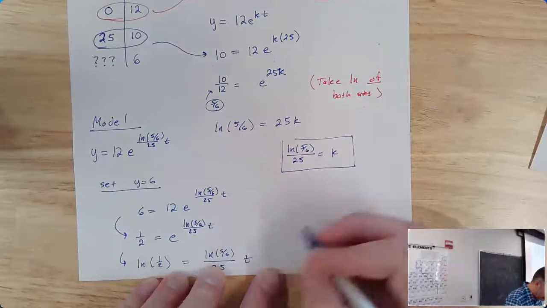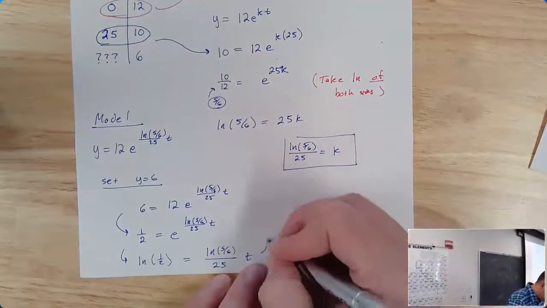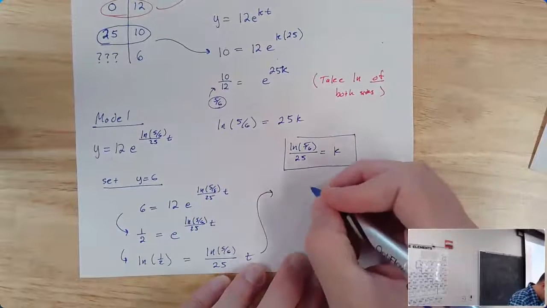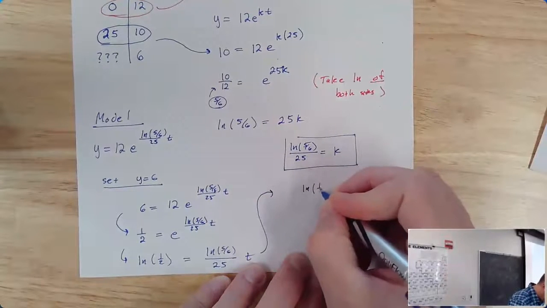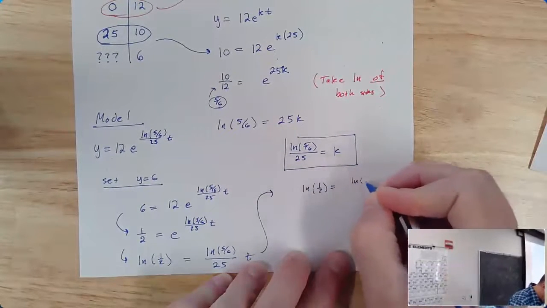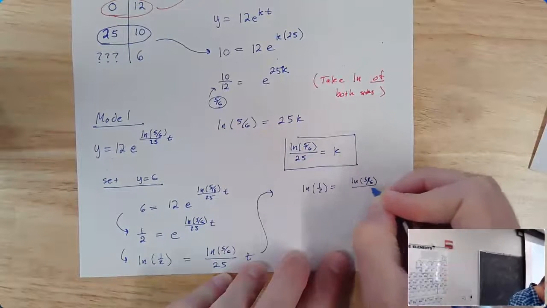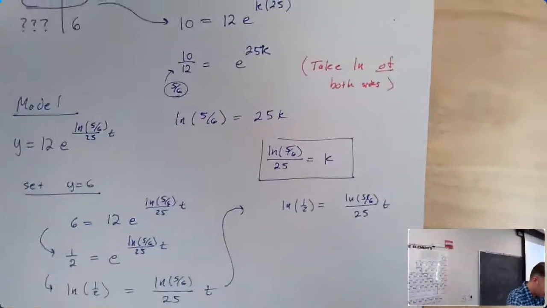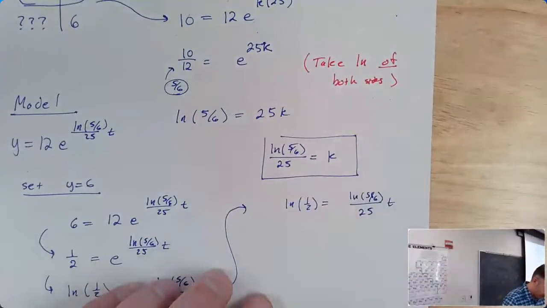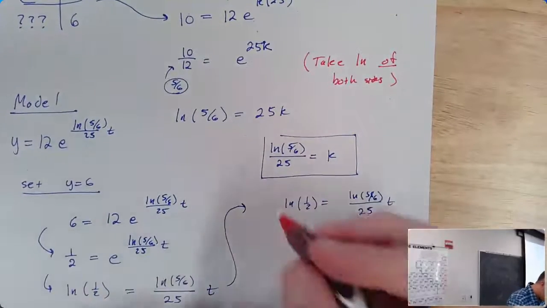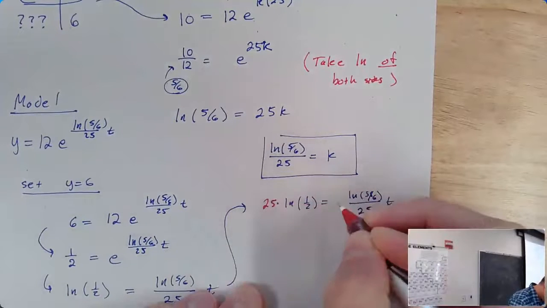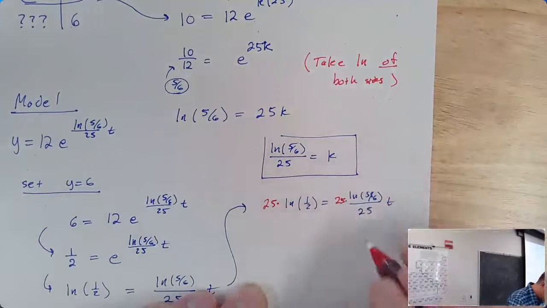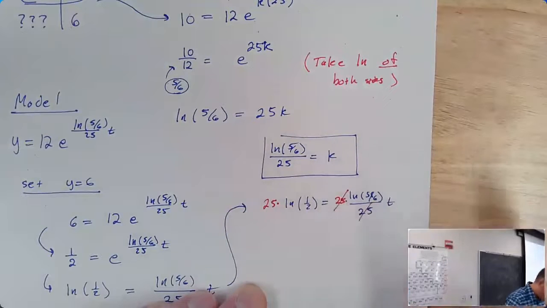So to get t by itself, I recommend taking this equation, which I'll write again: natural log of 1/2 equal to the natural log of 5/6 over 25 times t. And I definitely recommend multiplying both sides by 25, because 25 divided by 25 is 1.